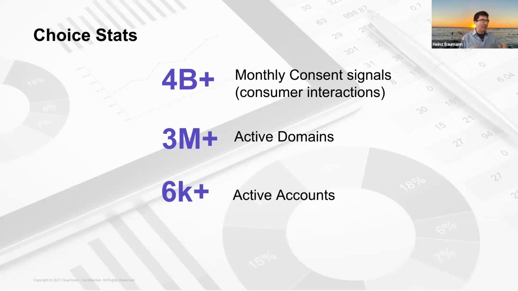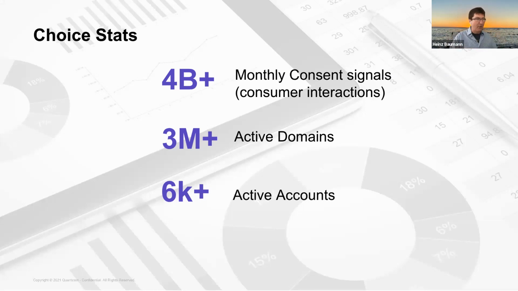And we have over 6,000 active accounts. And active accounts are not equal to publishers. Active accounts could be an ad network that serves hundreds of publishers, could be a large publisher corporation that has many publisher sites underneath, and could be brands, could be advertising agencies. So it's everybody, an account could be more than just one.